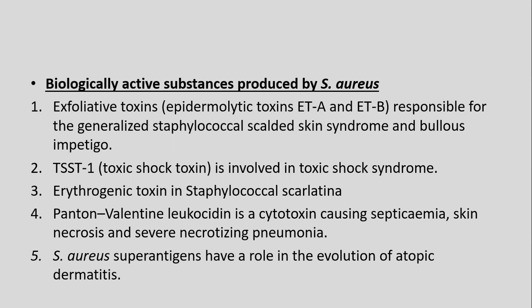Then erythrogenic toxin in staphylococcal scarlet fever. Then Panton-Valentine leukocidin is a cytotoxin causing septicemia, skin necrosis, and severe necrotizing pneumonia. Staph aureus superantigens have a role in the evolution of atopic dermatitis.